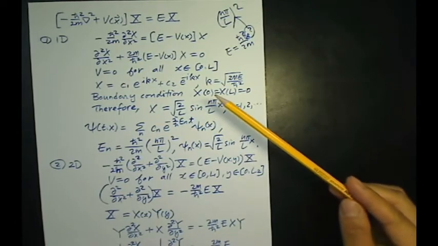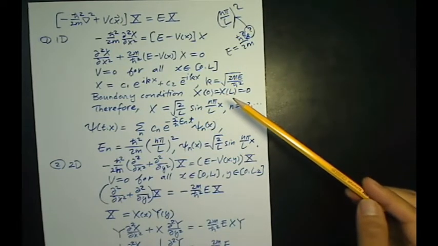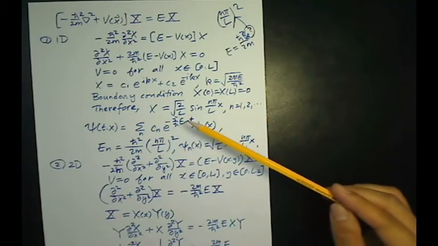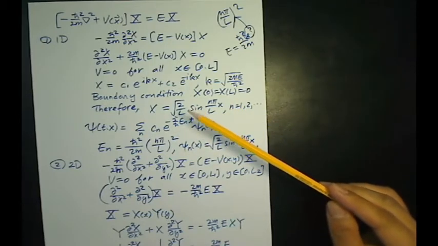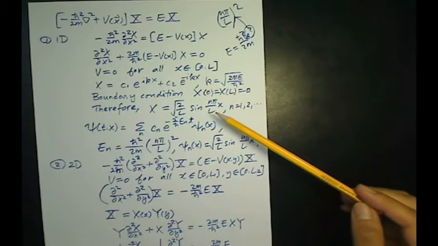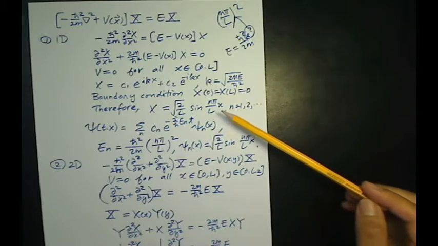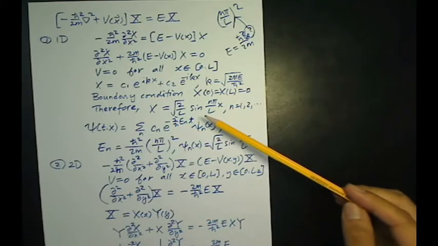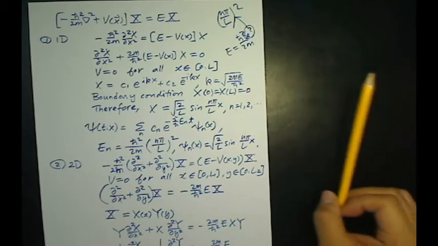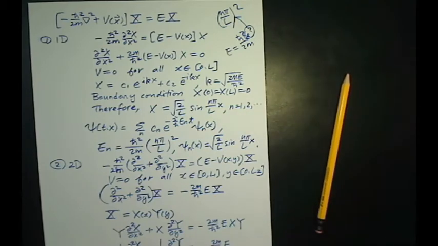The boundary condition restricts the solution to be square root of 2 over L times sine of n pi over L x. Here n must be 1, 2, 3, 4, 5, a natural number.